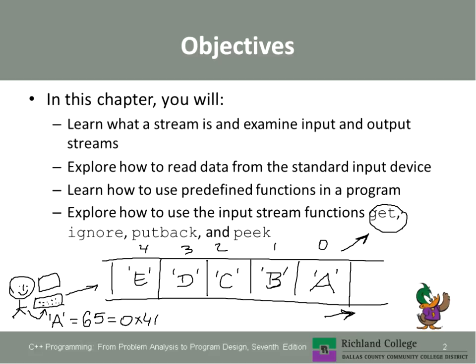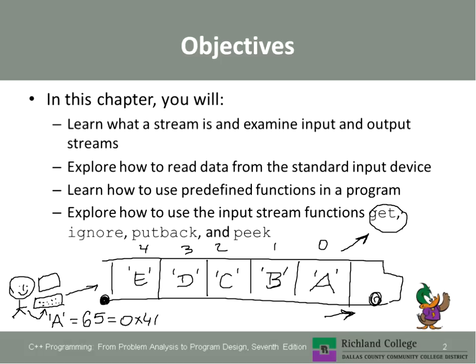If cin reads an integer, it's going to extract 4 bytes. So when we're talking about get, think about this bus going in a particular direction, and you're getting people off of that bus.